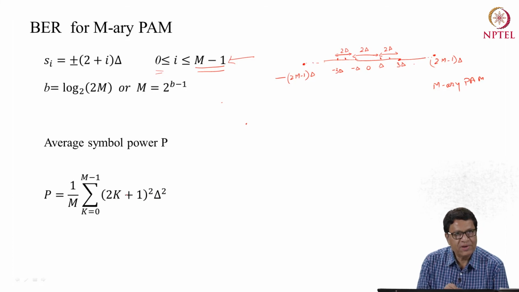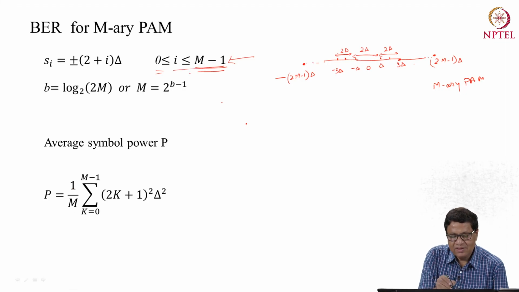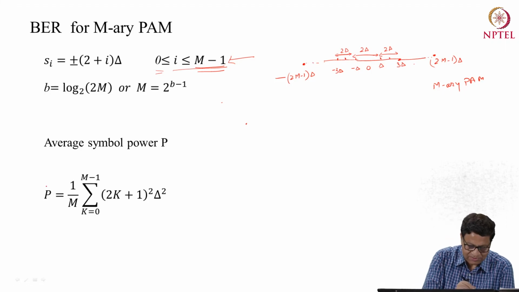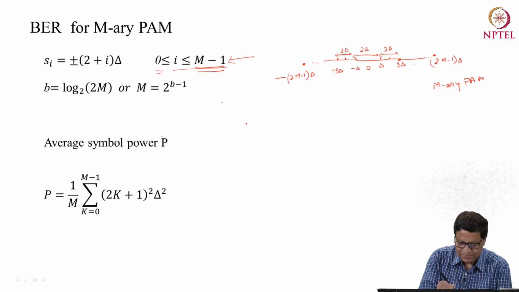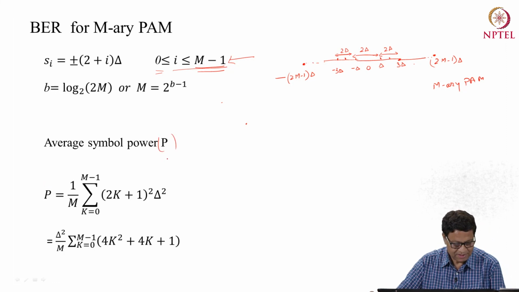So this is the average power. For example, if k is equal to 0, this becomes delta squared. So that is the power in the system, and so on and so forth for k equal to 1 up to M minus 1, divided by M, since the total number of levels in a PAM signal is M. So this is the average symbol power, P.